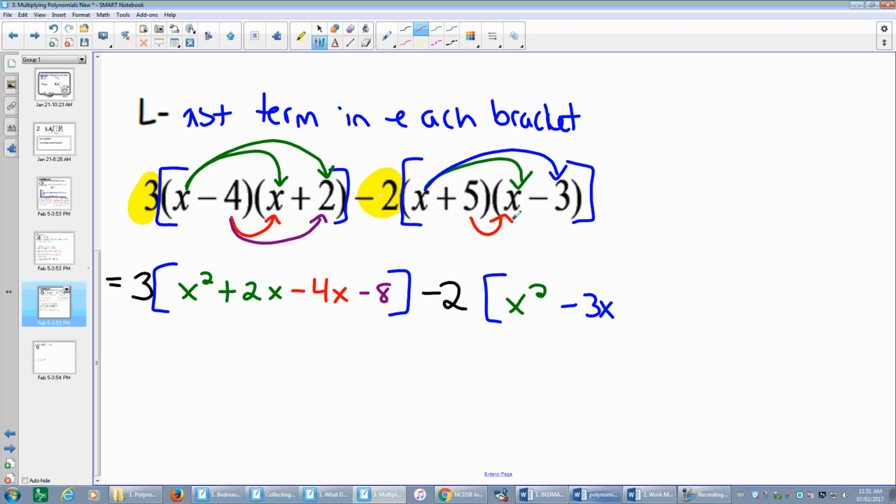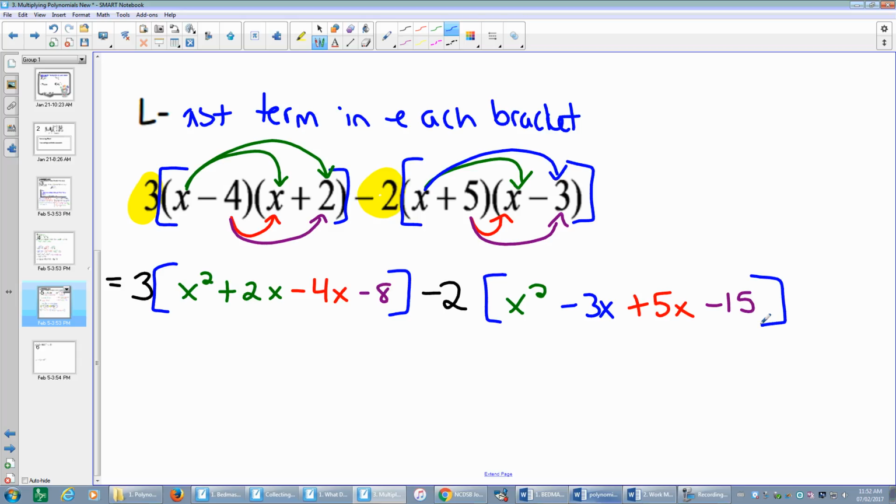I'm going to multiply my inside terms together, plus 5x. And then I'm going to multiply the last terms together in each bracket. 5 times negative 3 gives me negative 15. Okay, I'm not done yet.